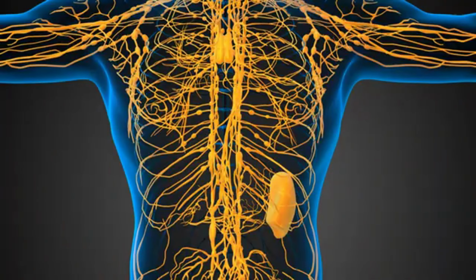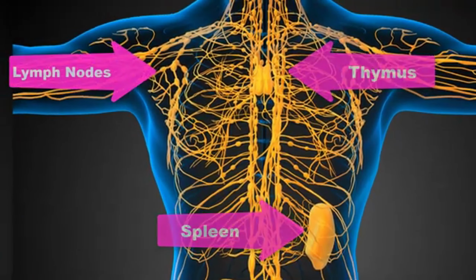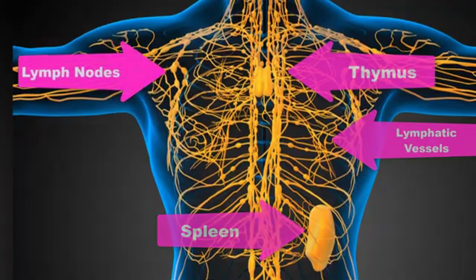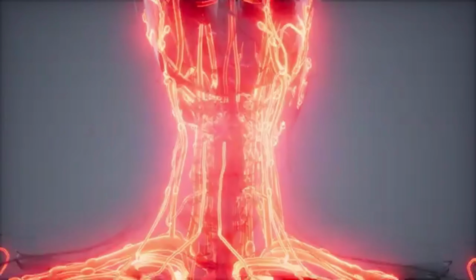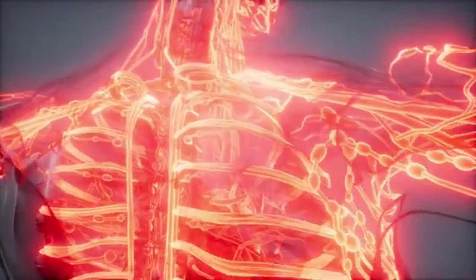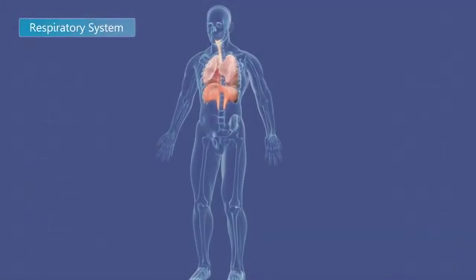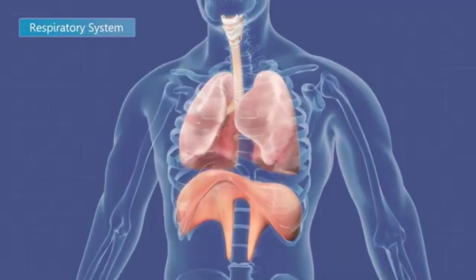The lymphatic system includes the thymus, the lymph nodes, the spleen, and the lymphatic vessels. The lymphatic system functions to return fluid to the blood and to defend against pathogens that can cause illness and disease. The respiratory system includes the nasal passages, the trachea, and the lungs.